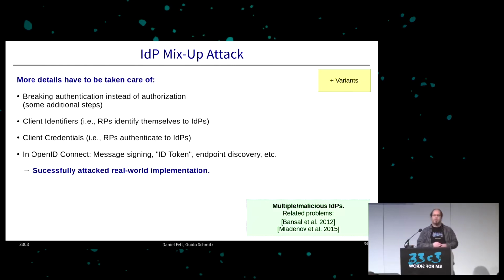There are also some other details that have to be taken care of, like client identifiers, which relying parties use to identify themselves to identity providers. The same goes for client credentials, which are optional, by the way. And in OpenID Connect, the layer on top of OAuth, if this is used, then you need to take care of some other things like exchanging some signatures and so on.